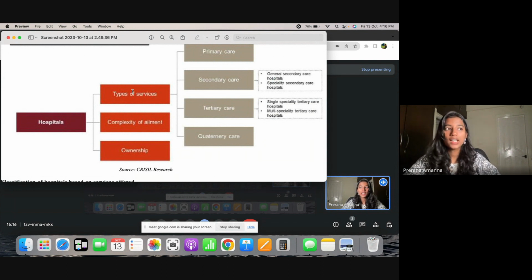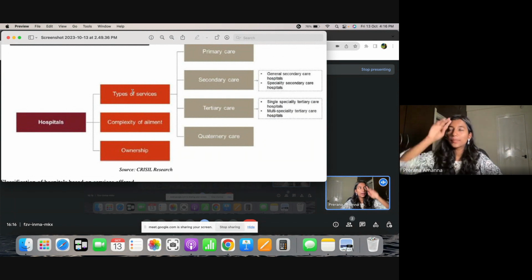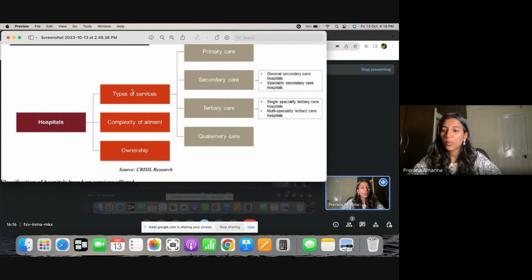They won't do your treatment or your surgeries over here. The next thing is the specialty secondary care, where this is a small hospital providing, let's say for example, dermatology, another example that I can give is gynecology, right? Where you not only go for consultation, but also certain small surgeries that you can get.